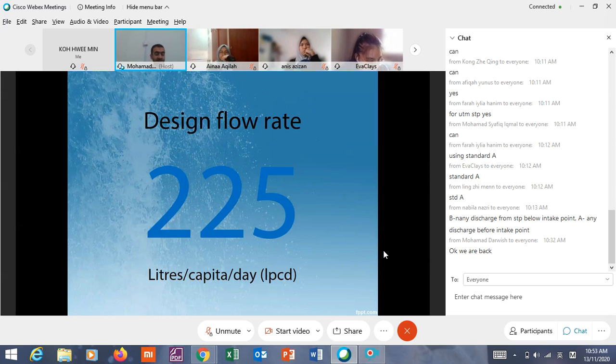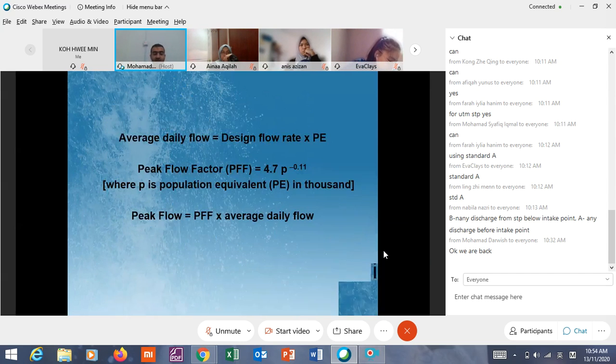The PE represents the population number. So if we know the population number represented by PE, multiplied by the design flow rate, it will give us the average daily flow. Average daily flow equals design flow rate times PE.